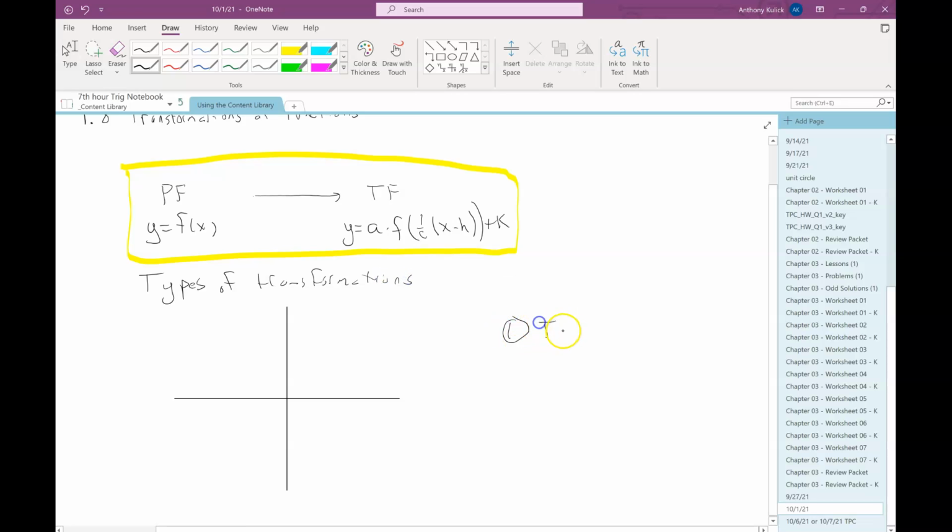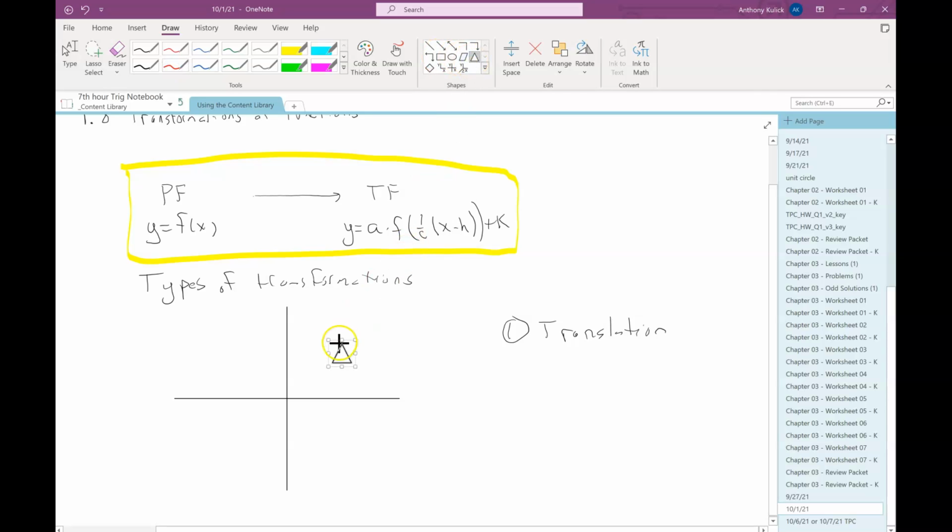Those 4 types of transformations were called translations. That's a situation where you're moving things left and right or up and down. So let's say this is our parent function.